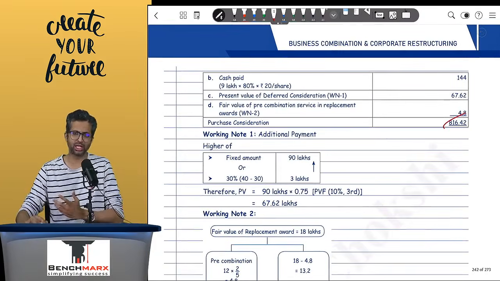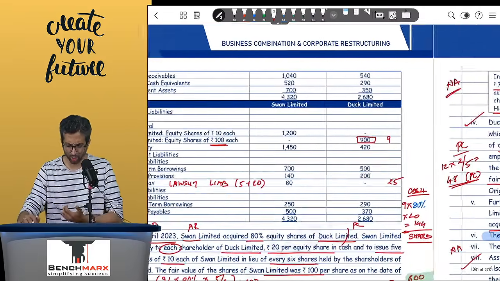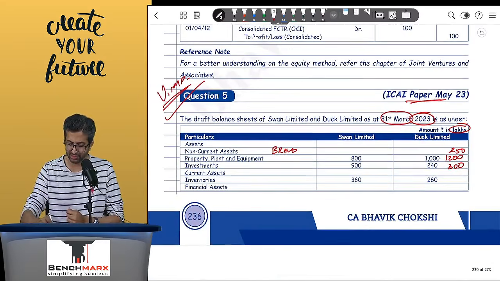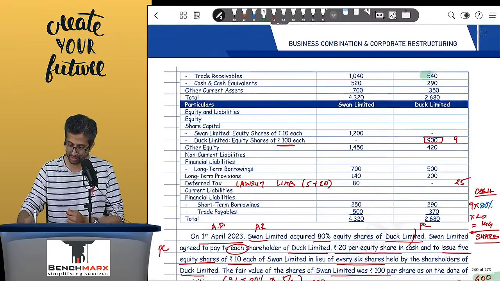Now other than that, you will have to calculate your working for your net assets. When you do the net assets working, you will take over all assets at fair value, which will include brand, PPE, investment. So this is 250, 1200, 300 plus 260, plus 540, plus 290 plus 350.